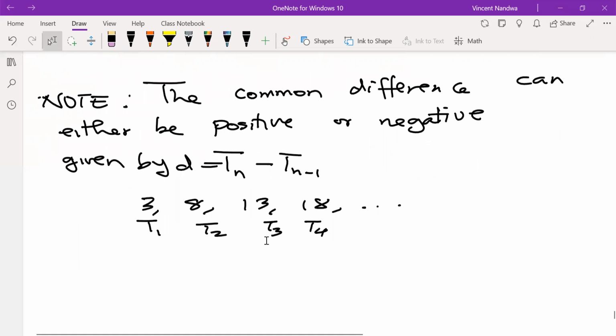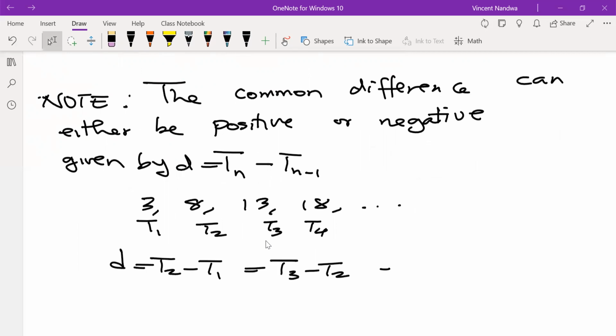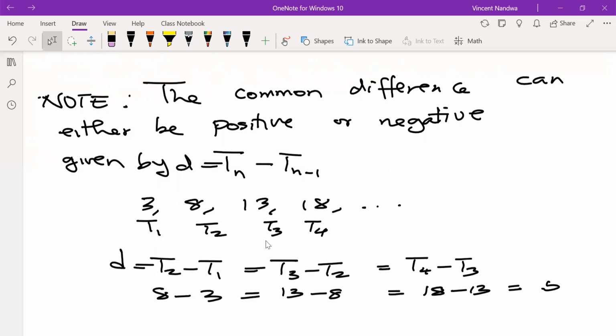So D will be given by D equals T2 minus T1, which should be the same as T3 minus T2, which should be the same as T4 minus T3. So this will be 8 minus 3, which should be the same as 13 minus 8, which is the same as 18 minus 13. And in each case, we get 5.